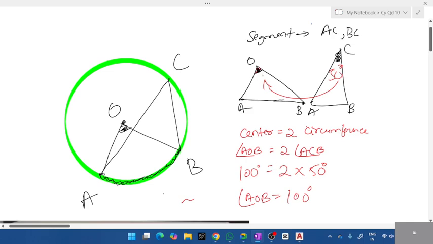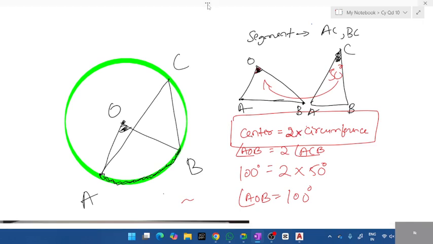Here the concept is that arc AB is the same. For theorem 1, you don't have to write anything. Just remember the angle at the center is twice the angle on the circumference. The angle formed at the center equals 2 times the angle formed anywhere on the circumference. This C can be anywhere, but it has to touch the circumference. Or even like this.